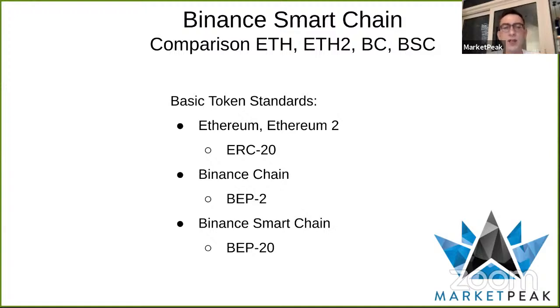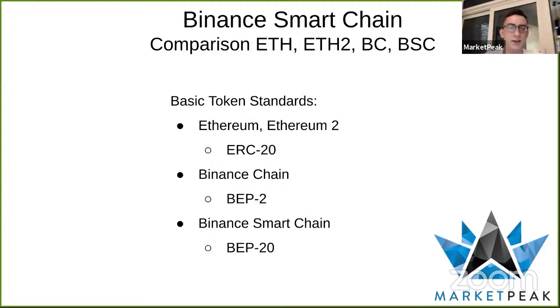So it is capable of doing the very same things. And even more similar in name is the BEP20. That's what the standard is called on Binance Smart Chain. So again, very similar between Binance Smart Chain and Ethereum 2.